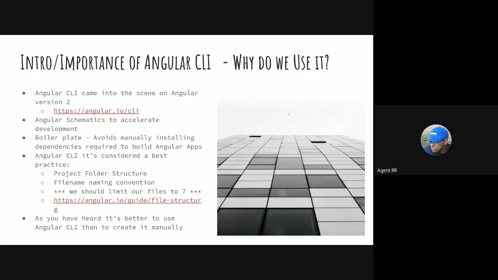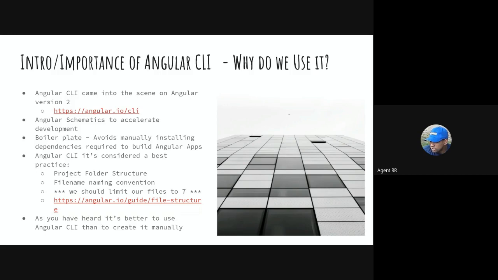With every new version of Angular, we get a new CLI version as well. Whenever you do ng version, it will give you the Angular version that you're currently using.